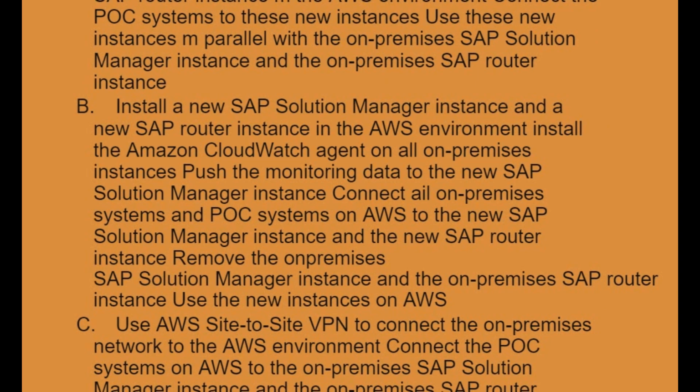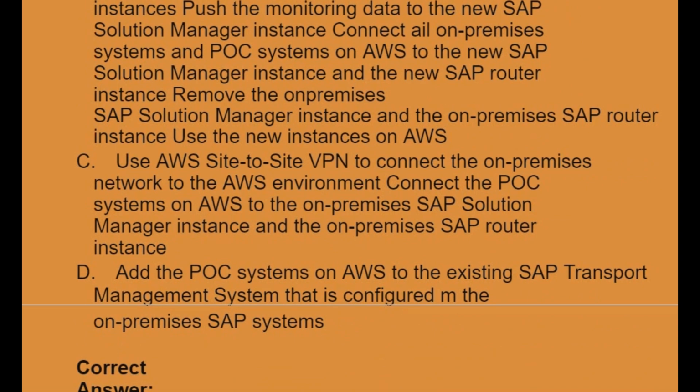Connect all on-premises systems and POC systems on AWS to the new SAP Solution Manager instance and the new SAP Router instance. Remove the on-premises SAP Solution Manager instance and the on-premises SAP Router instance. Use the new instances on AWS.